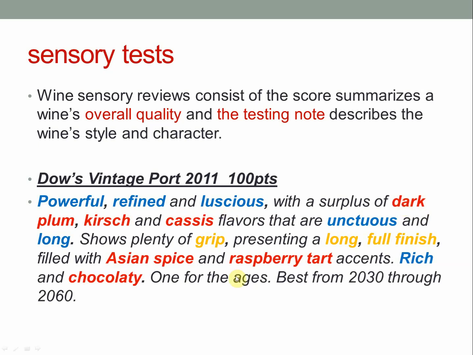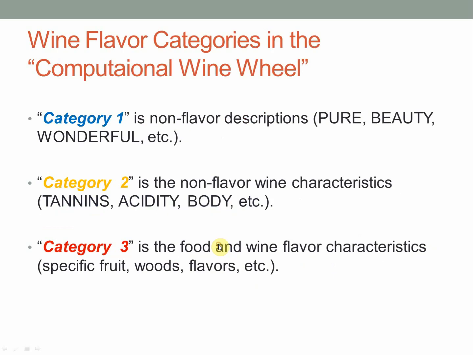You can see there are three different colors here. The red color indicates that if we use the aroma wheel, we can capture all of those red descriptors, but not the blue as well as yellow descriptors. Therefore, we provide three categories of attributes.